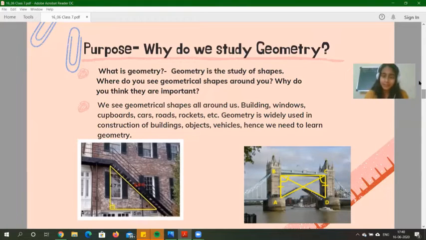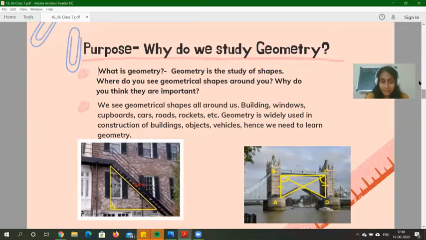Now think for a minute कि where do you see geometrical shapes around you and why do you think they are important? आपके आसपास आपको geometrical shapes कहाँ दिखते हैं and आपको क्यों लगता है कि वो important है? अगर आप सोचोगे, if you think a little you will understand that geometrical shapes are all around us.